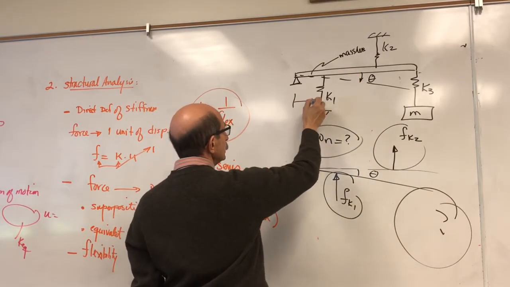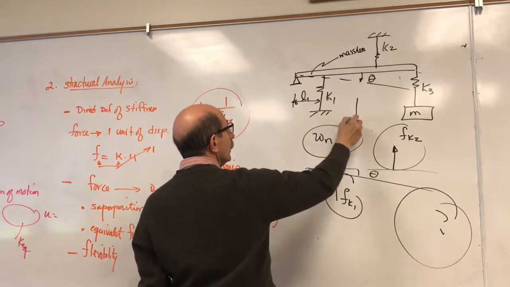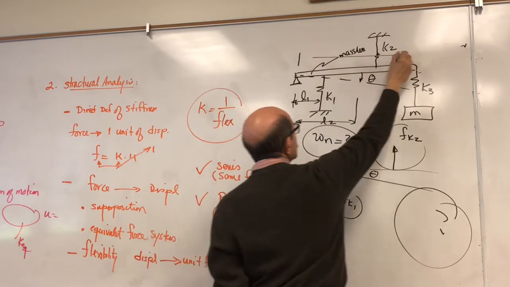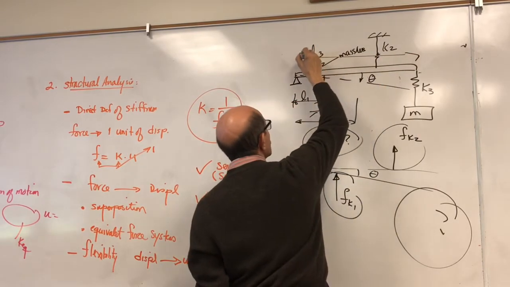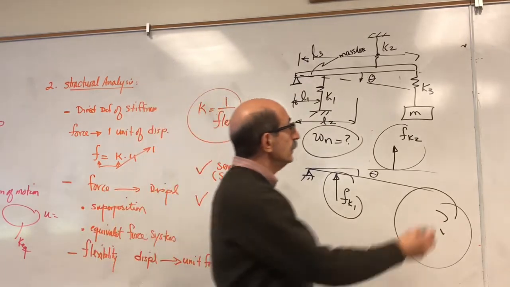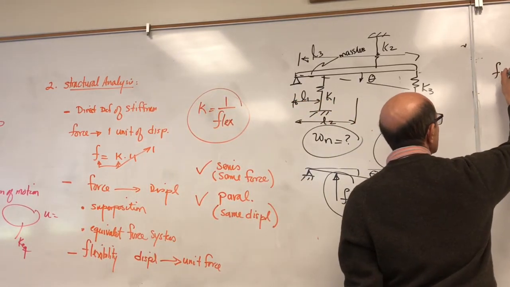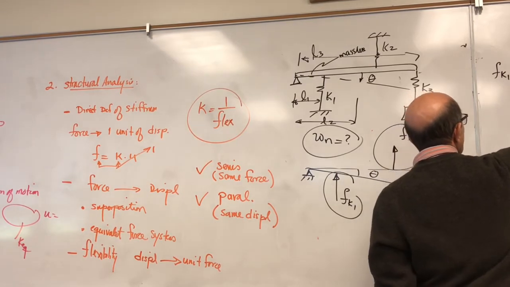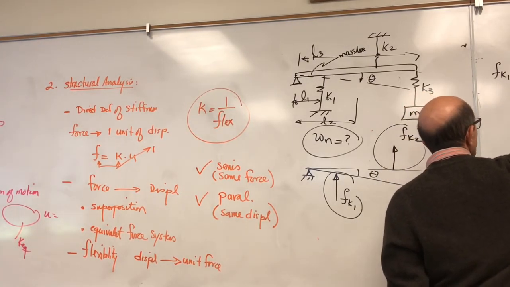By the way, these distances are given as L1, L2, and this length is given as L3, okay? I can find out F1 and F2, right? F of K1 is simply the stiffness of that spring times the deformation it goes through.